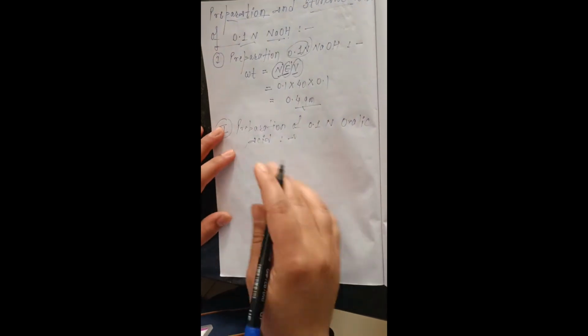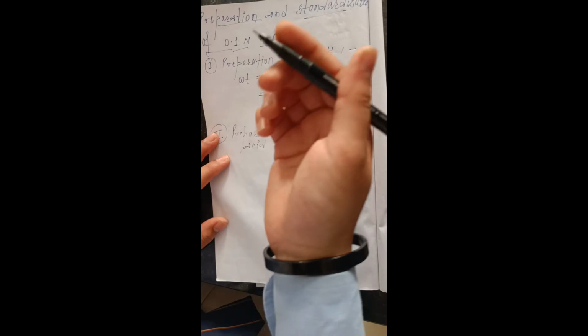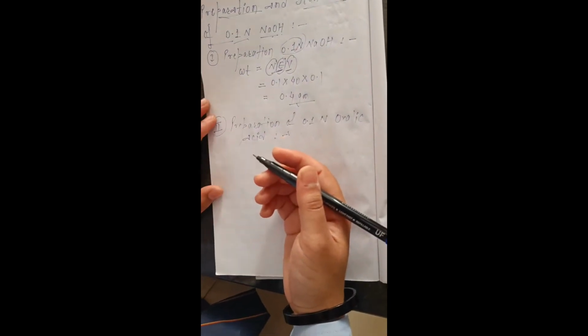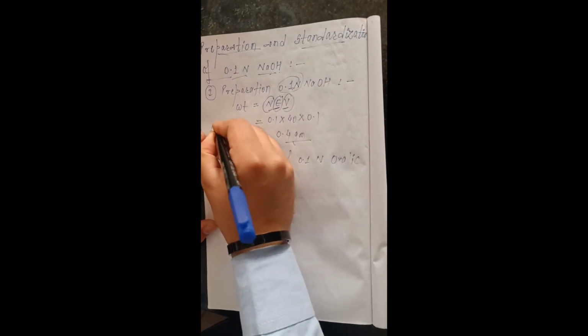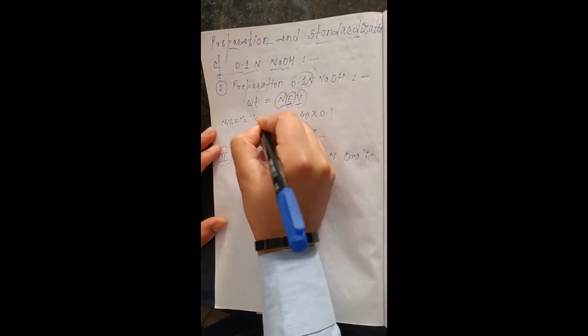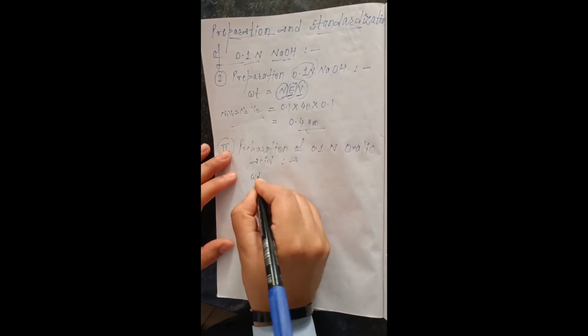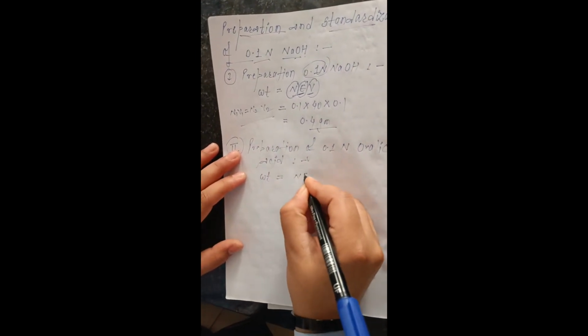The formula will be the same because we are taking the sample in the solid form. If our sample were in the liquid form, the formula would be N1V1 equal to N2V2, but our sample is in the solid form, so the formula will be weight equal to the same NEV.